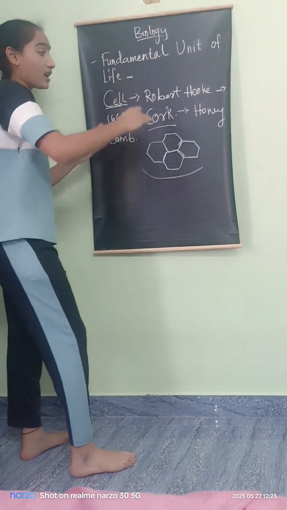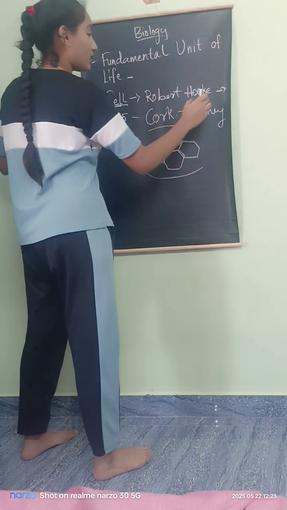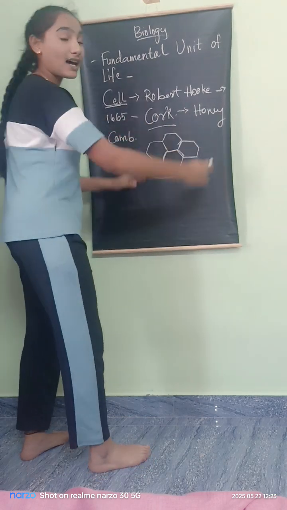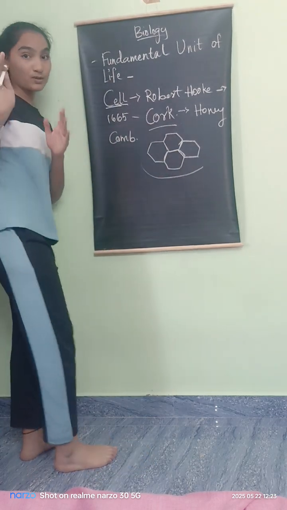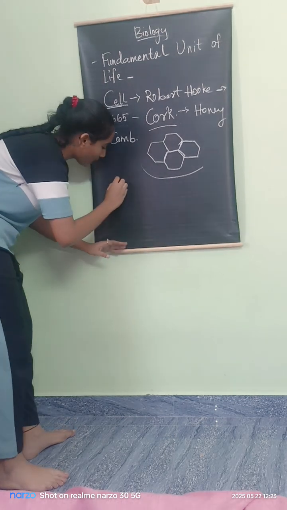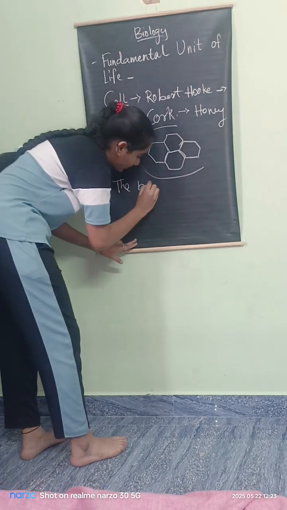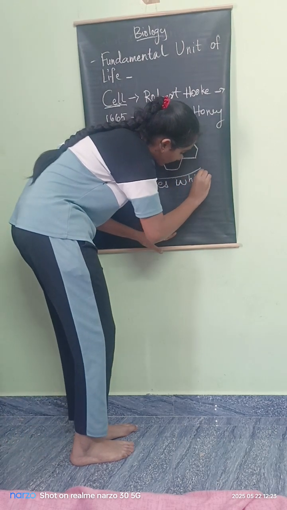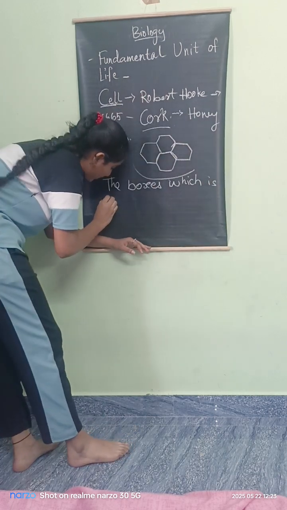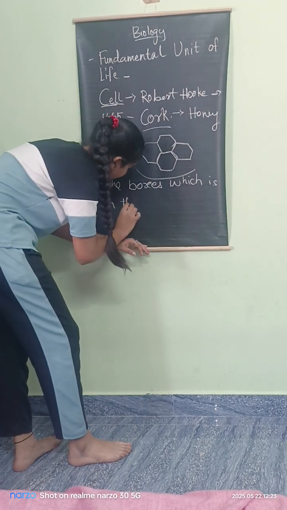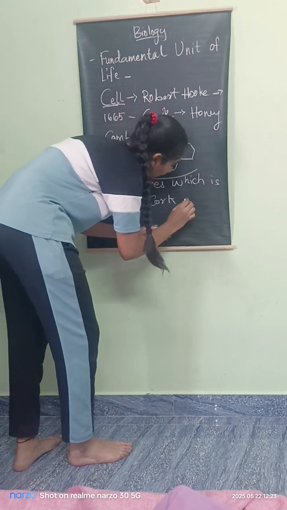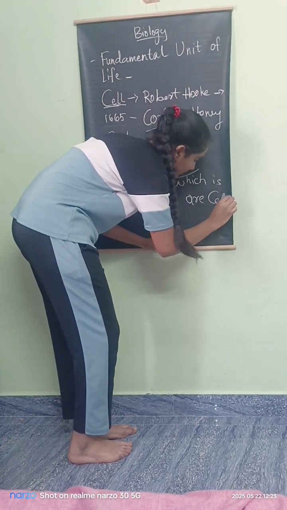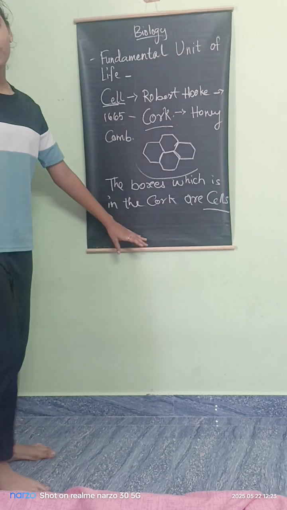He saw these boxes in the cork, and finally the conclusion made by him was that the boxes in the cork are the cells.